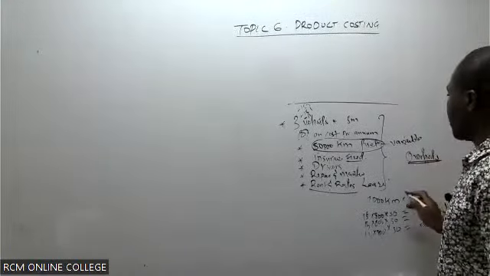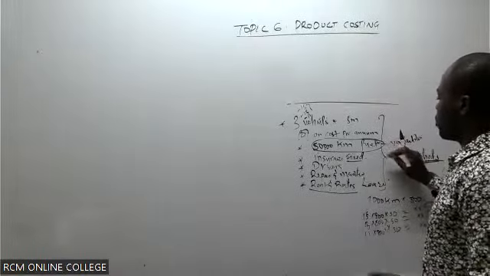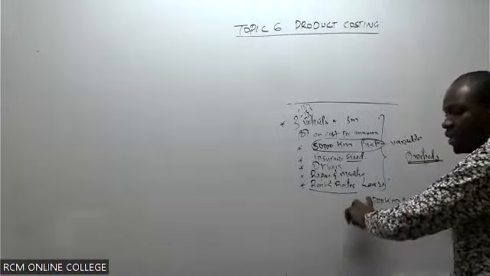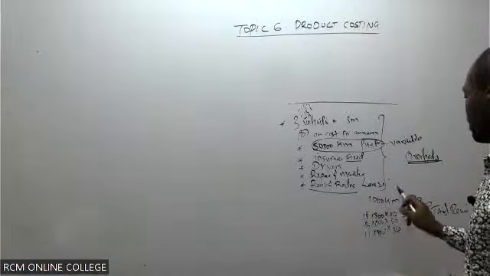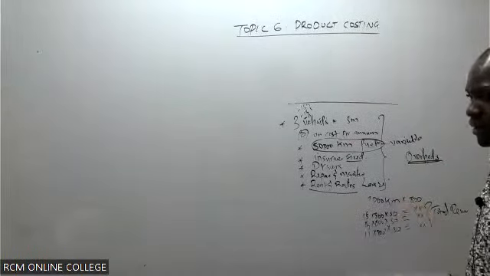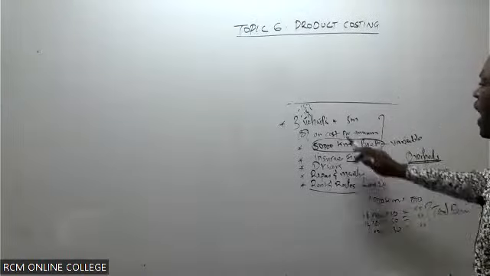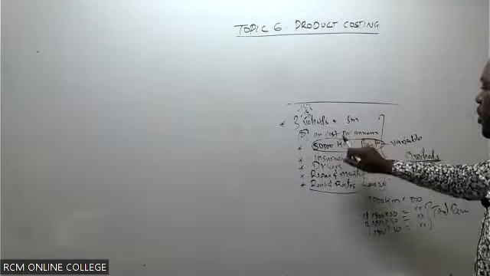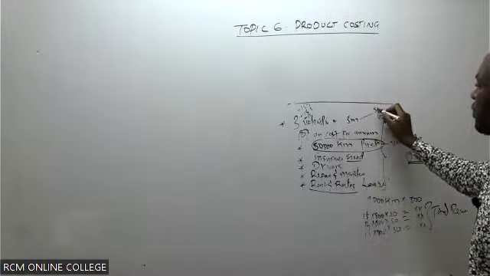Then you also bring the variable costs together and use the suitable method to apply when dealing with this variable, such that, for example, the variable cost here depends on the kilometers covered. So just consider the kilometers. At the end of the useful life of these vehicles, they can be disposed of at a scrap value.